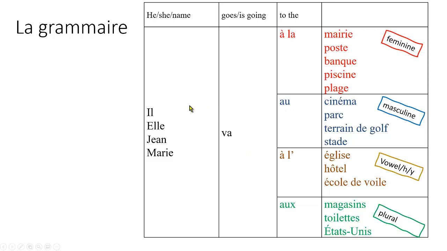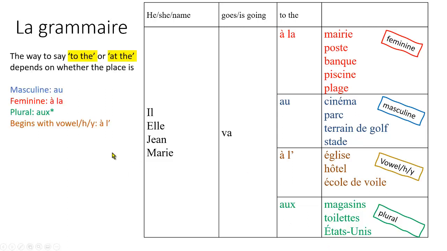Notice that I've deliberately tried to make it really clear. Il, elle, Jean-Marie, va. So the idea is that you're going to take one bit from each column in the substitution table, à la with any of those, ou with any of those, and so on. And then have an explanation as well. The way to say to the or at the depends on the places, whether it's masculine, feminine, plural, or begins with a vowel.